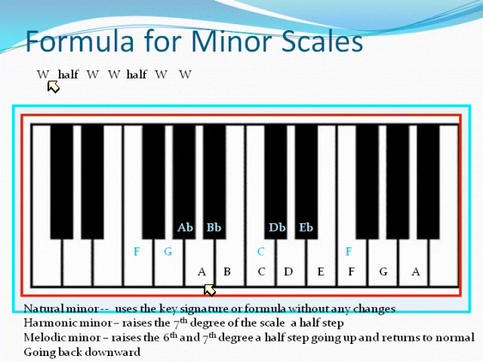Then we need a whole step, so that goes to B. Then we need a half step going to C, a whole step going to D, a whole step going to E, a half step going to F, a whole step going to G, and a whole step going to A.